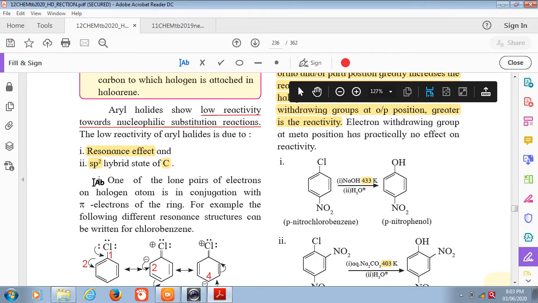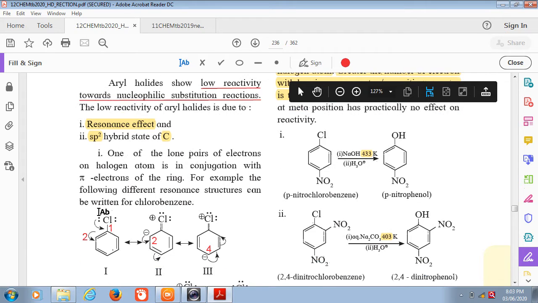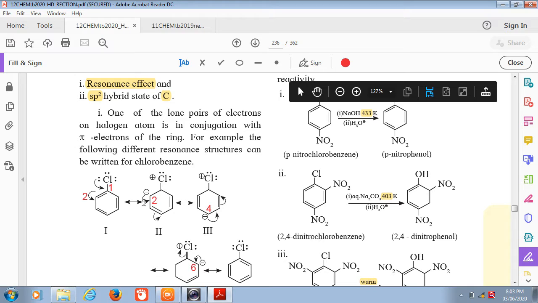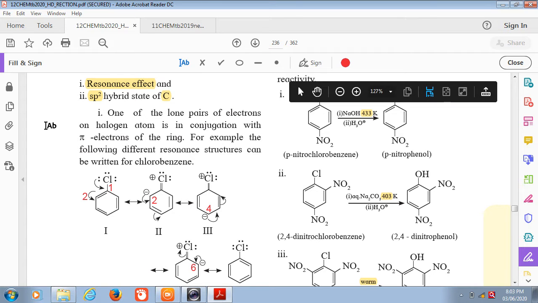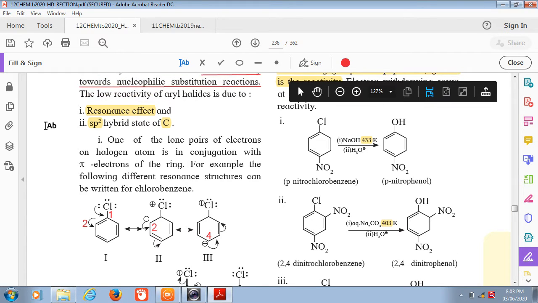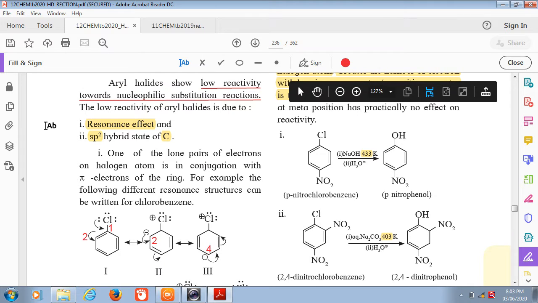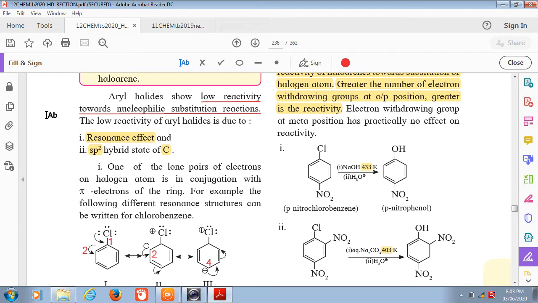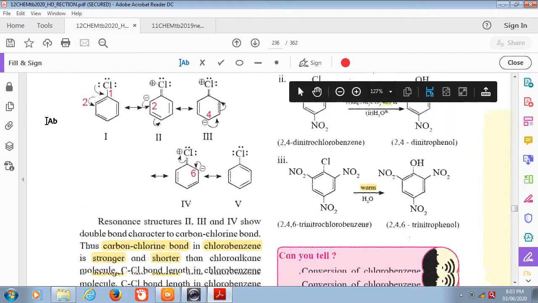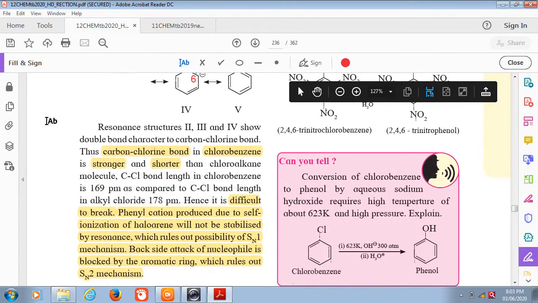So it shows low reactivity towards nucleophilic substitution reaction, because in these different resonating structures, carbon number 2, carbon number 4 and carbon number 6 contain negative charge, meaning these positions are electron rich, and the nucleophile cannot attack. So aryl halide shows low reactivity towards nucleophilic substitution reaction.